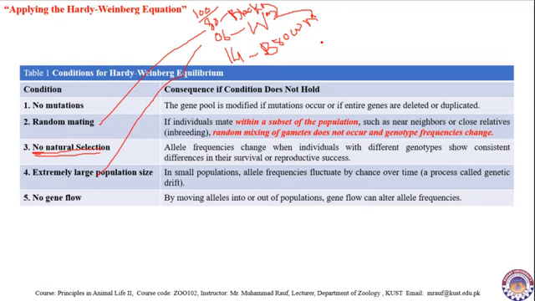There is a shortage of food, there are attacks by the predators, or unfavorable environmental conditions, or natural calamities like fire, etc., which result in a sudden loss in the size of the population.